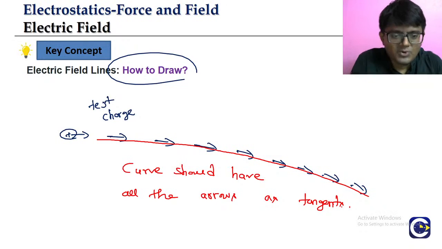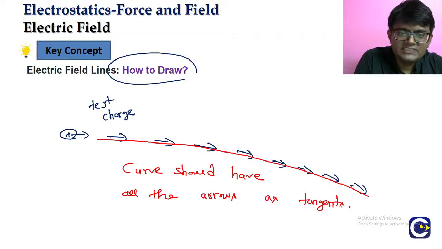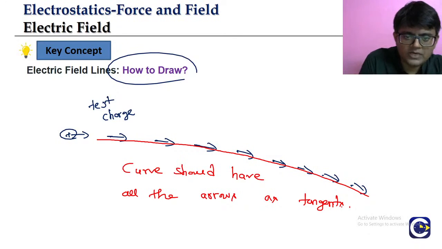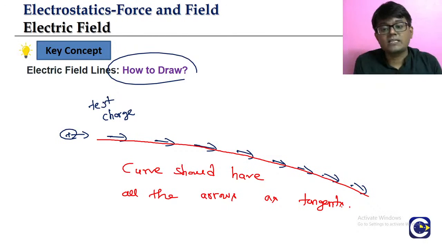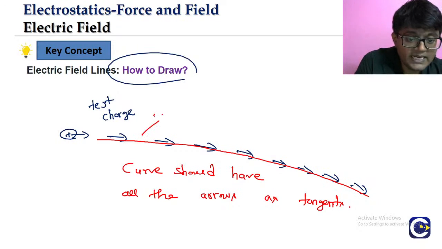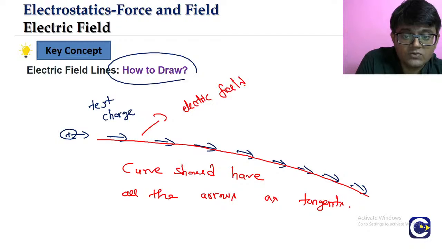First ஒரு இடத்துல you have to take the test charge. எடுத்துட்டு போய் you have to look at what is the direction of the force acting on it, which will be the direction of the field. அந்த எல்லா arrows நம்ம மார்க் பண்ணணும். Actually whoever is drawing the field line, they have to mark the arrows. அந்த எல்லா arrows மார்க் பண்ணதுக்கு அப்புறம் they will draw the curve. இதுதான் electric field line. இந்த ரெட் கலர் இருக்கு தெரியுமா, இதுதான் electric field line. Okay va?